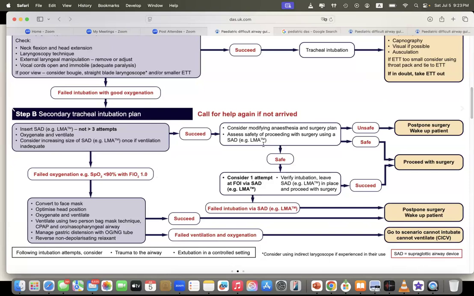So if you succeed and if it's safe, then you may proceed with your surgery. If unsafe, then move to the failed intubation via supraglottic device, maintain oxygenation, and try to awake the patient when it's feasible and doable. Okay, we'll stop here.